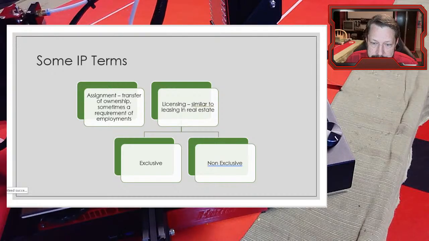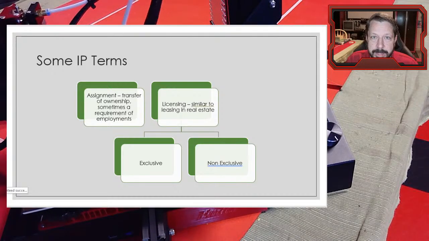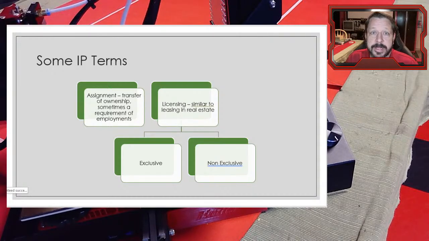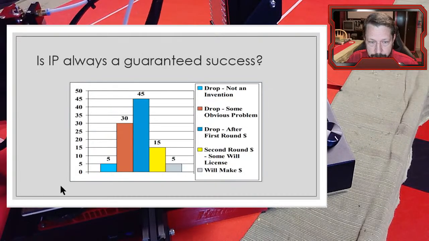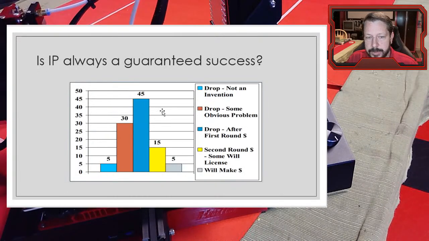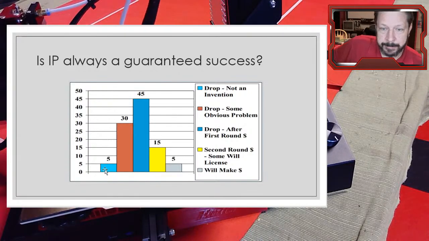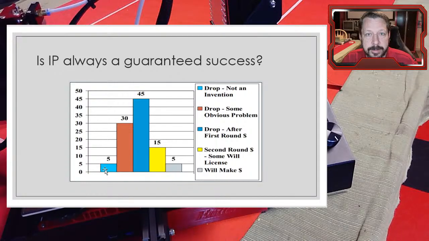Does it mean that you are going to make money if you have thought up some kind of intellectual property and you even got a patent? Well, here are kind of typical numbers. This would add to 100, so this would be out of 100%. 5% of the time, it's not even an invention. Someone else has already thought it up.